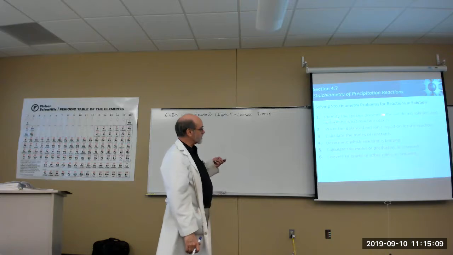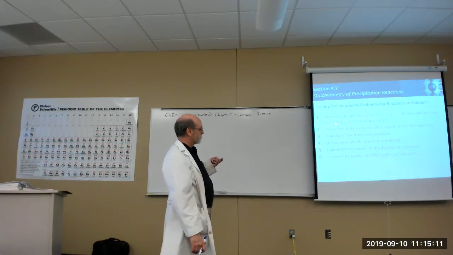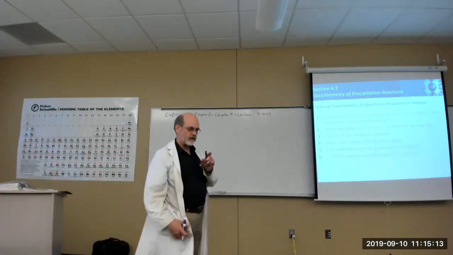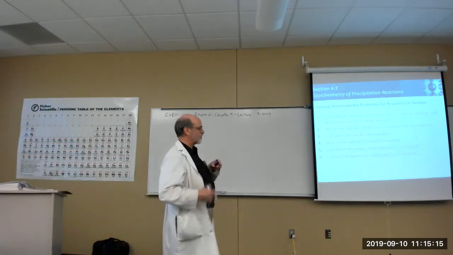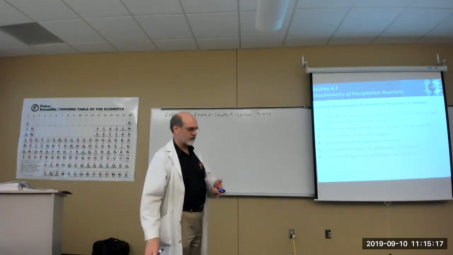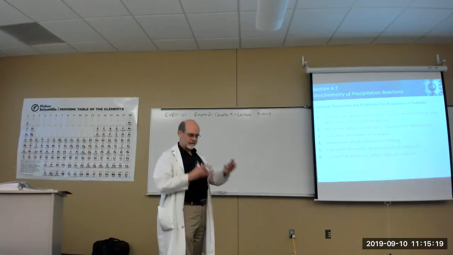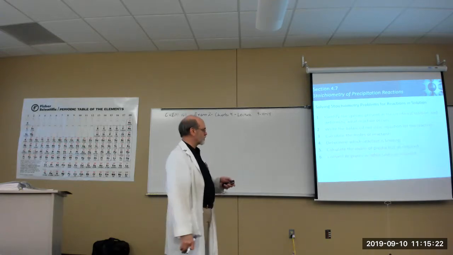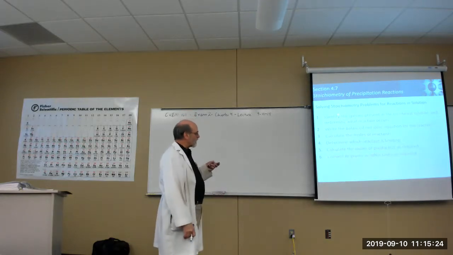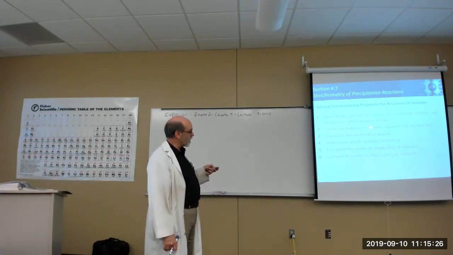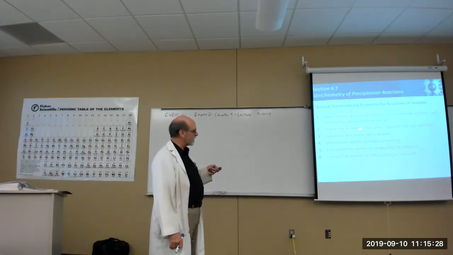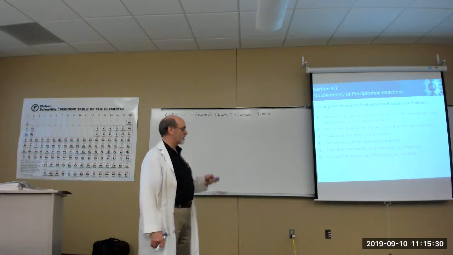You want to know the species that are present in the solution and determine what reaction occurs. Right? We've just discussed a double replacement reaction, which is going to be the common theme for solution stoichiometry. Write the balanced equation, molecular equation, and complete ionic, and then net ionic equation.